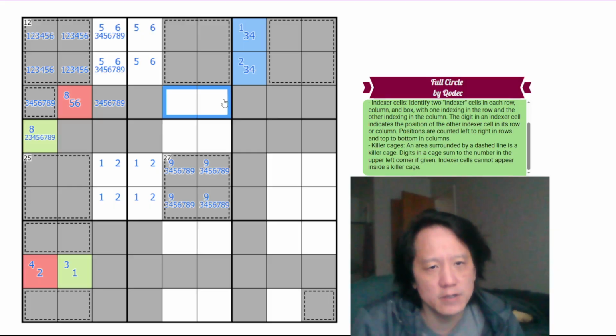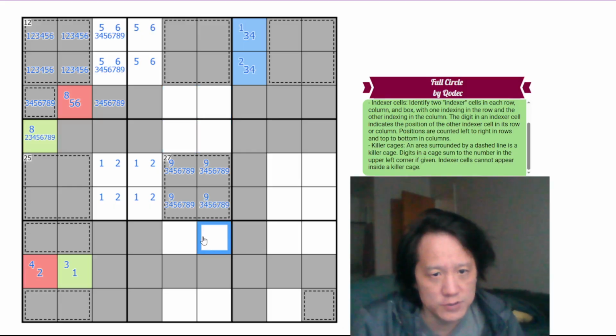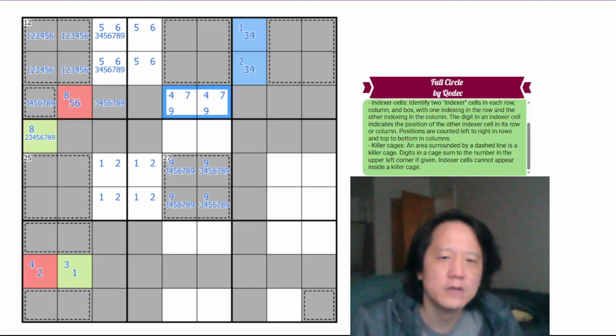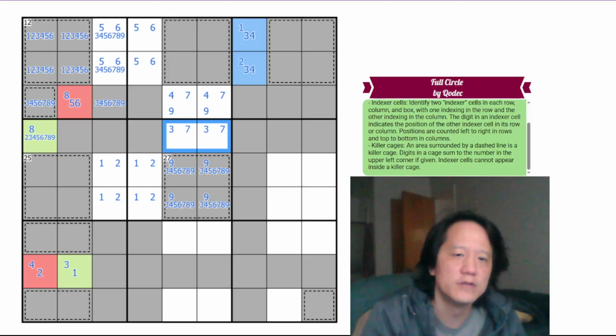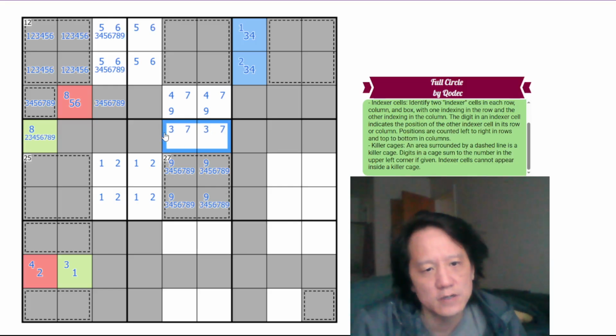Indexing column here would be 4, 7, or 9. Indexing column here would be 3, 7, or 9. It cannot be 9. 3 or 7 if it indexes column. Interesting.